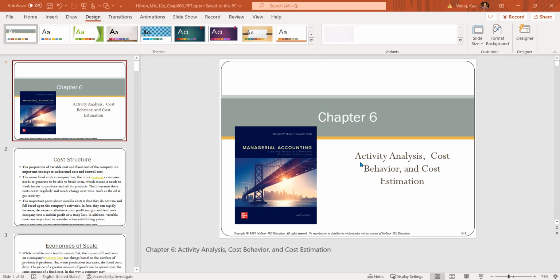So we are using many more cost drivers in the ABC system, and the goal is to increase the relevance and accuracy of the cost data generated from the system, so it really reflects the true inputs for the different products and services.